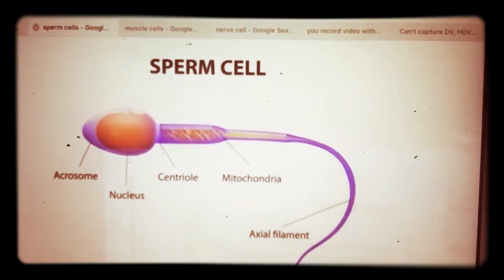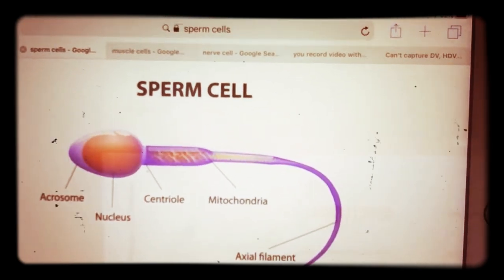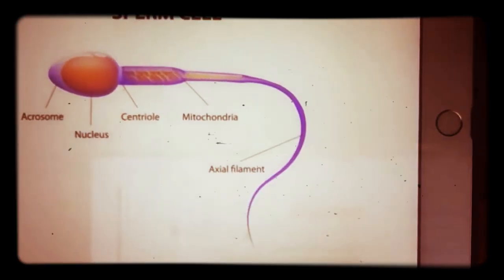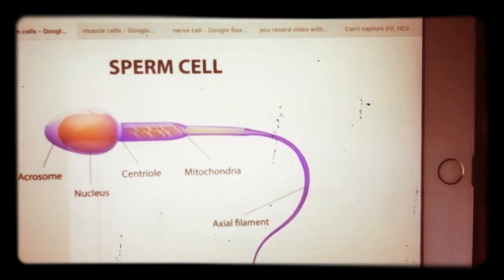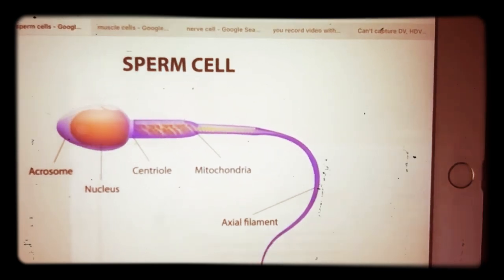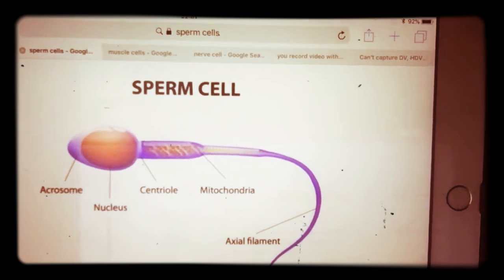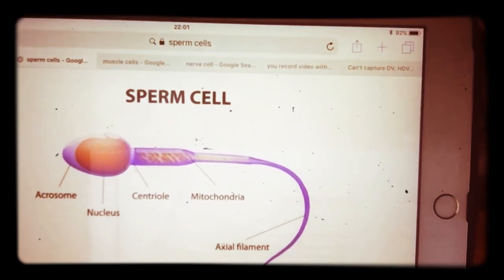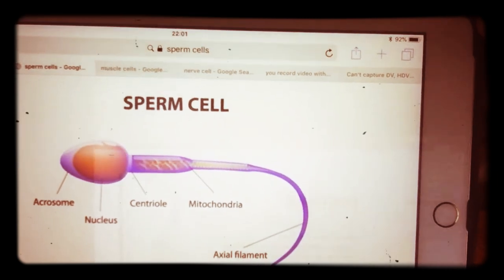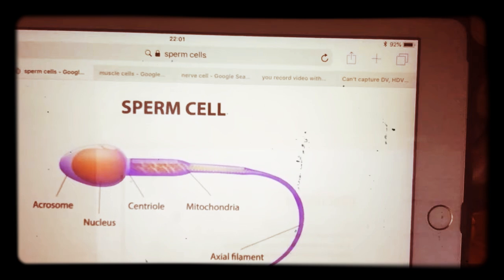It's got a few names. You can see the name there: axial filament. It can be called a flagellum. But for entry level and foundation GCSE, it tends to get referred to as the tail. Putting it simply, the tail moves side to side.